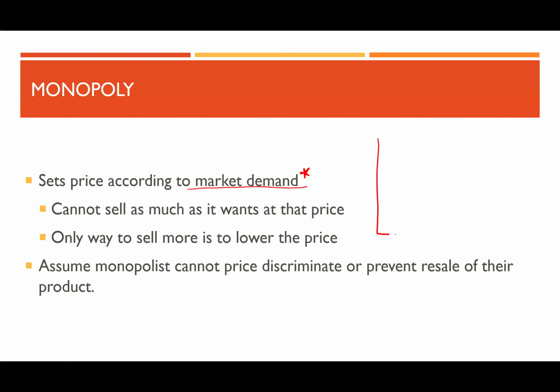So our monopolists cannot decide, hey, I want to sell my juice at $12 a bottle, and I want to sell 10 bottles. No, right? They're going to have to see what people are willing to pay, and it could be that actually folks are only willing to pay $4. And so the monopolist will charge that $4 price.